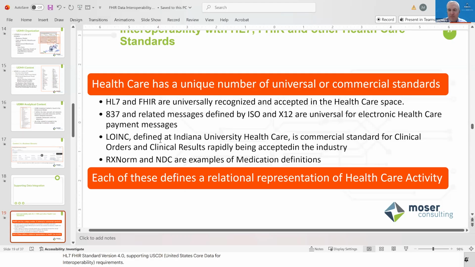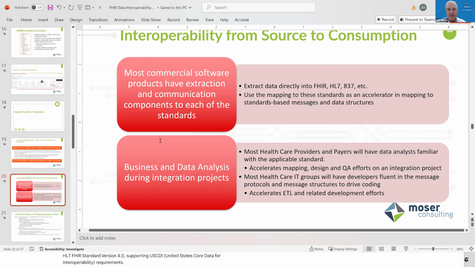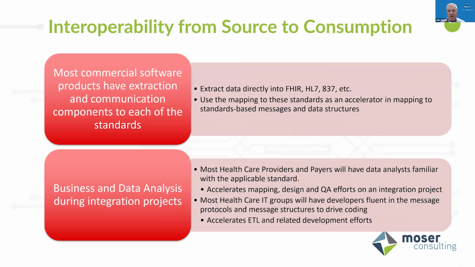Back to, you're not going to get paid by CMS if you're not submitting an 837. It's a compliant thing. So most commercial software products allow us to understand how their data behaves relative to these standards. Great. That's part of the 60% accelerator that we have in these things.